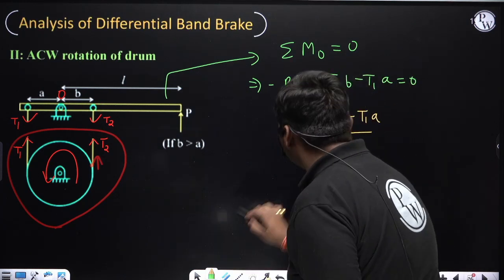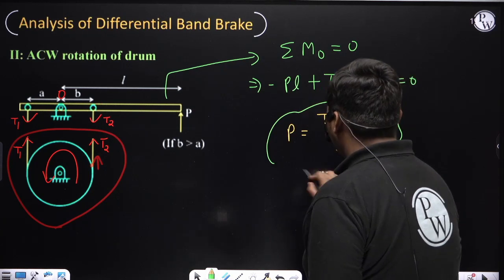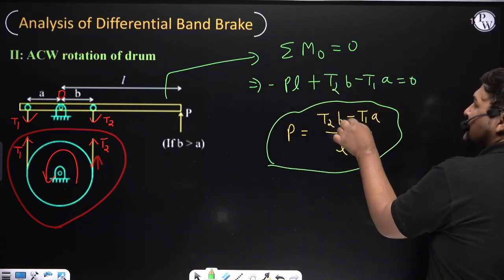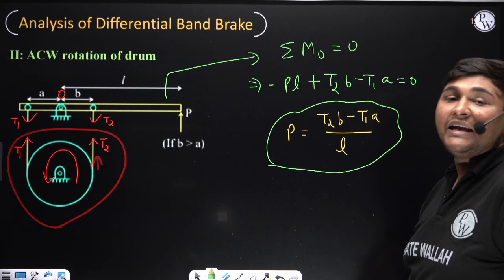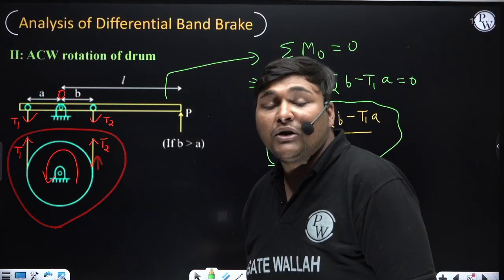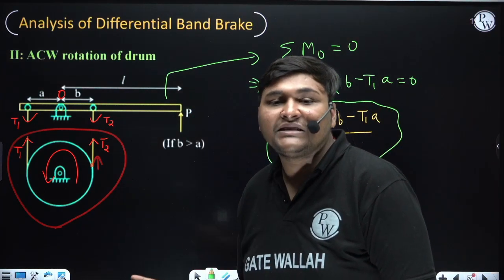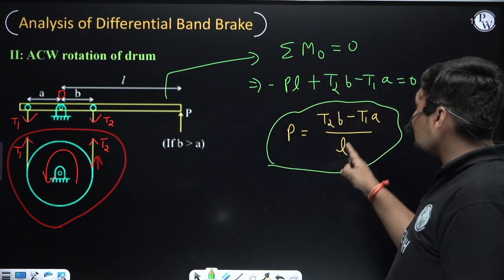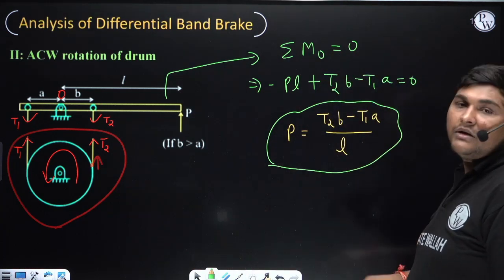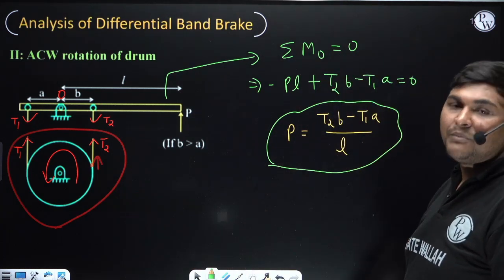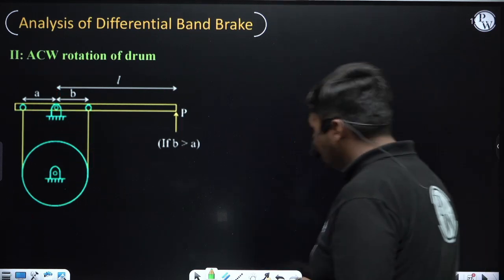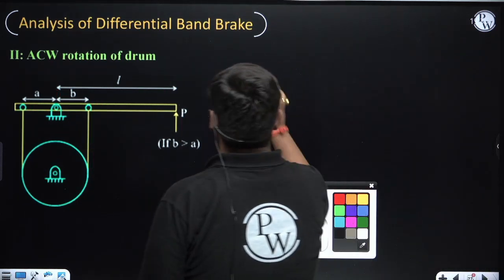So again, from this equation you can see some part is coming which is trying to reduce the braking effort, means again it is a self-energizing brake. But due to which tension, tight side or slack side? It is self-energizing due to tension T1, because this part is trying to reduce the braking effort. So can I say this brake for anti-clockwise rotation of the drum is self-energizing due to T1?